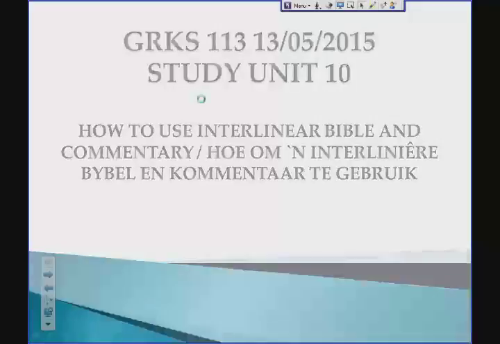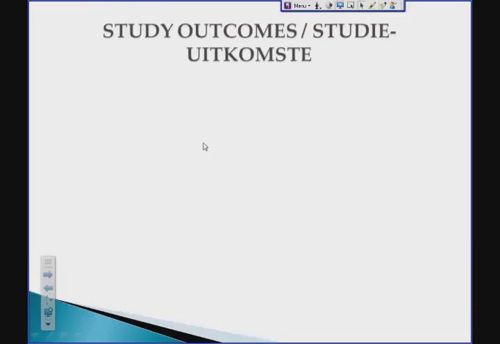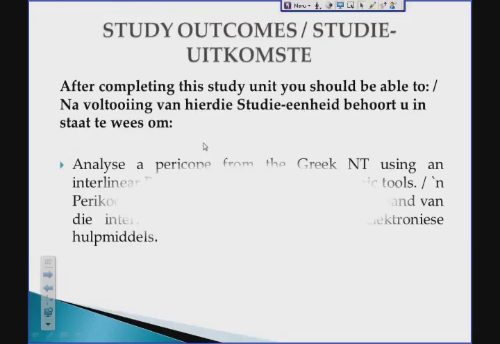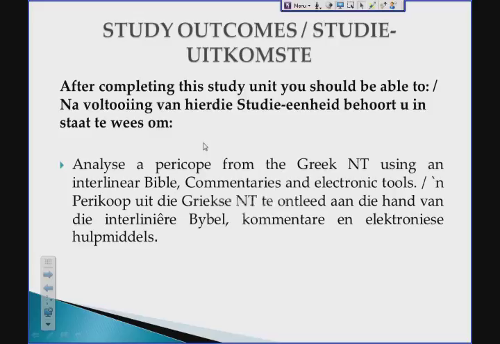Now, how do I teach someone how to use an interlinear Bible or a commentary? It's such a difficult thing to do, but I can only guide you as to how to do it. Now, this is basically our study outcomes today. We are going to choose a pericope from the Greek New Testament, and then make use of an interlinear Bible or commentaries on electronic tools in handling this text.